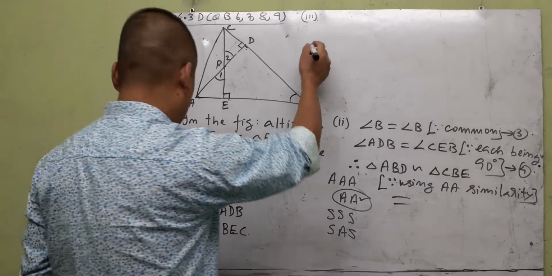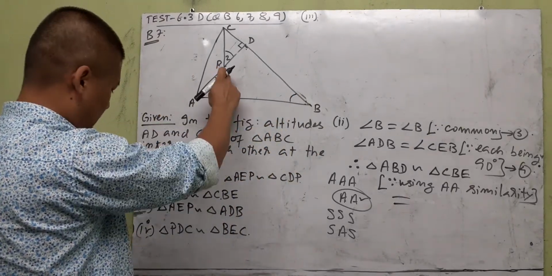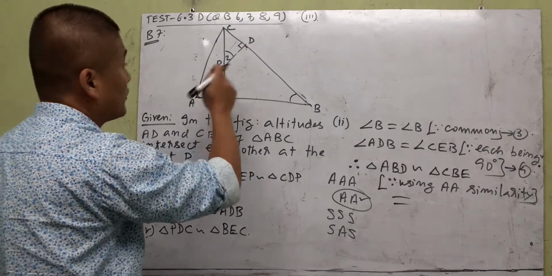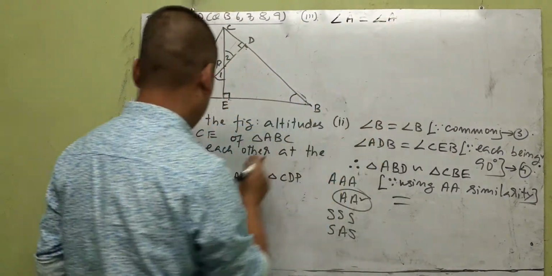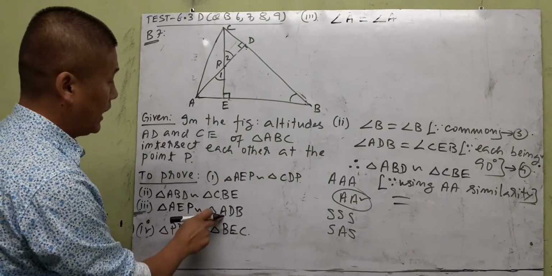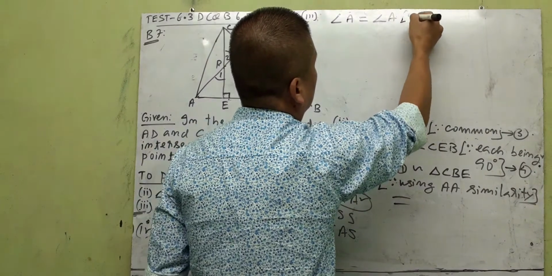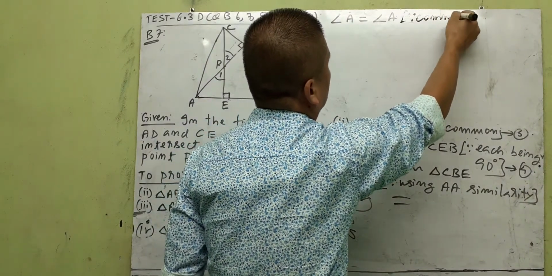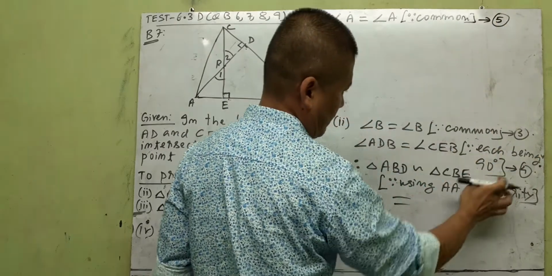In these two triangles, common is A, so we can start with angle A inside the first triangle AEP equal to angle A inside ADB, because they are common angles. So you can put this one as 5 following the last one, 4.